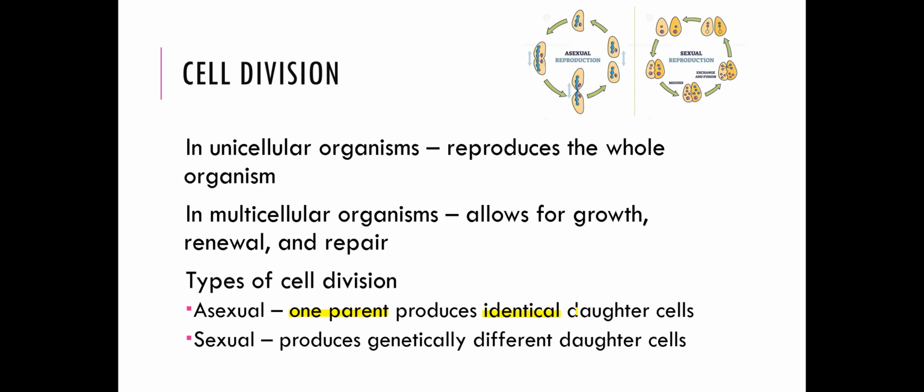The genetic material is just copied and then split into two new cells. Whereas if it's a sexual process, we're going to get different daughter cells that are unique in their genetic combinations. And then if we're talking about sexual reproduction, this is going to involve cells from two different parents that have to come together. And once again, we're going to get different.